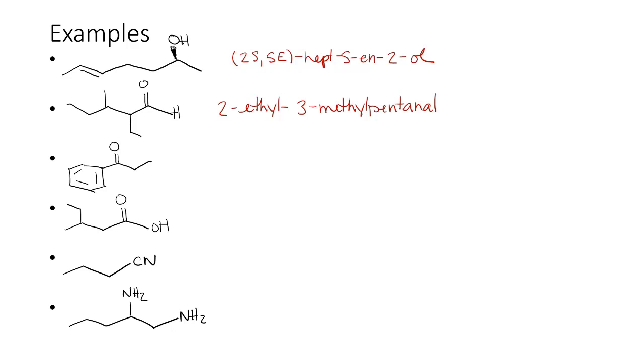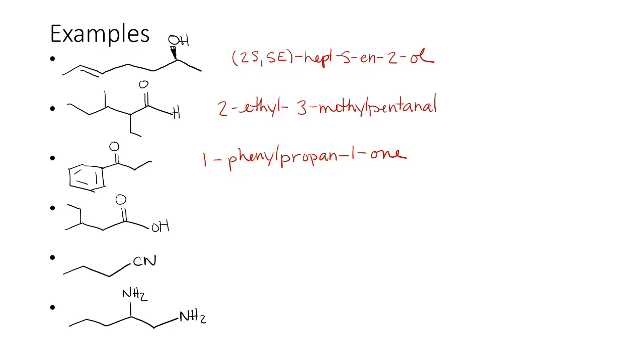Example number 3 is 1-phenyl propane 1-one. So 1-phenyl propane 1-one. Since it is a ketone and does not need to be terminal, you need to make sure that you have the 1 locant for the carbonyl, for the ketone.